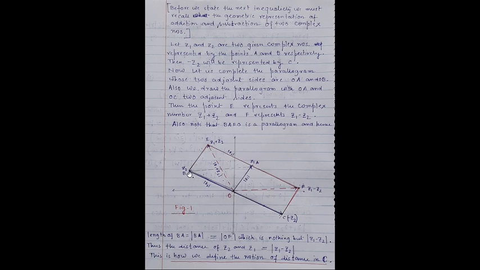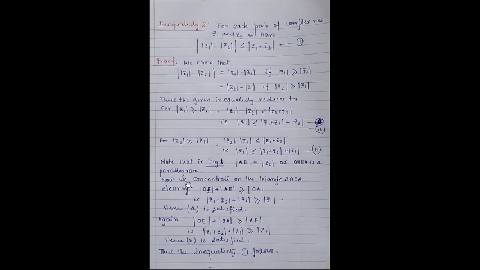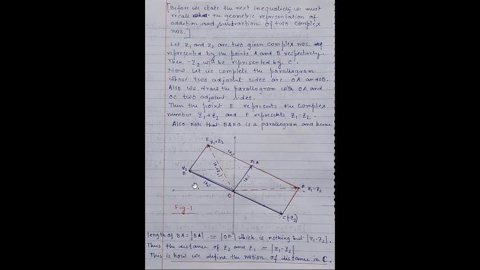Now z is a complex number, so how about minus z? Minus z means minus 1 into z. This distance is z2's real part and this distance is z2's imaginary part. So minus z2 means the negative of both.